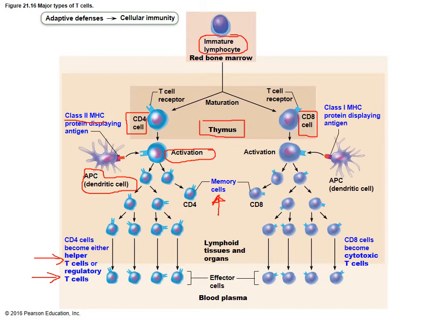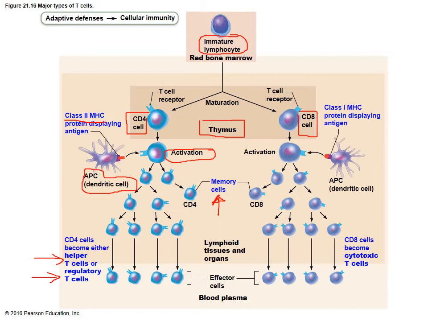And in a little bit, we're going to talk about how you have a class 2 and a class 1 MHC. The class 2 MHC will be the one that interacts with the CD4 cell to allow it to become activated and eventually become a helper T cell, a suppressor or regulatory T cell, or a memory T cell.